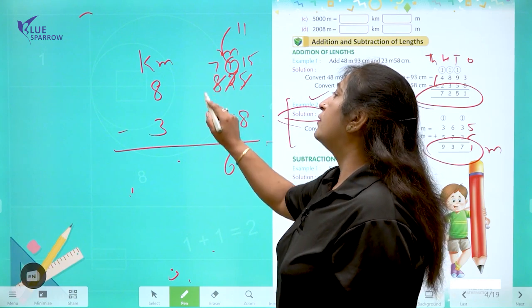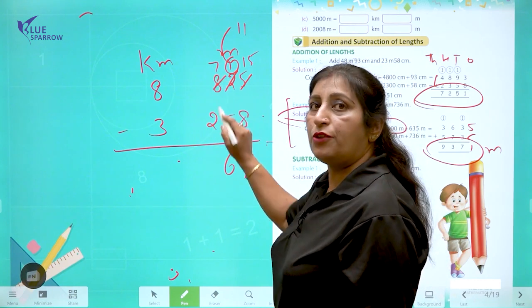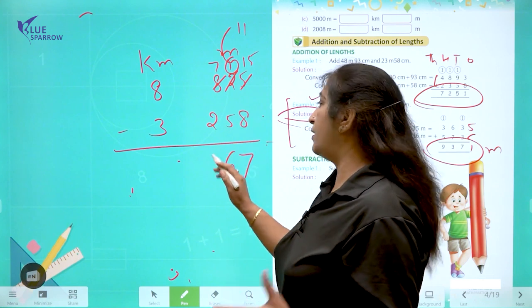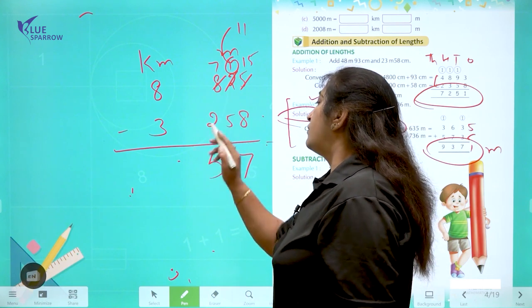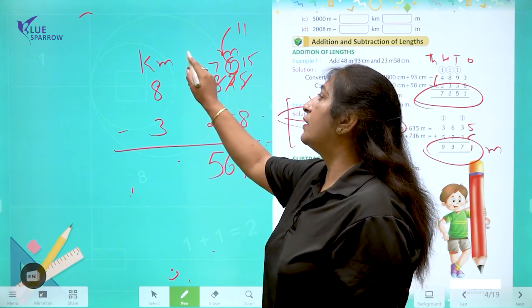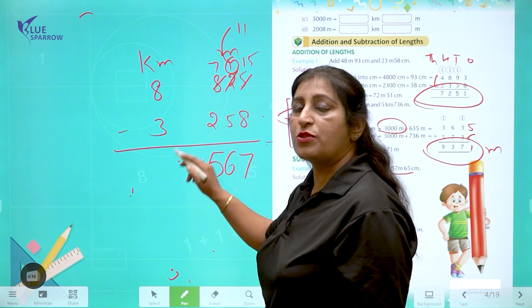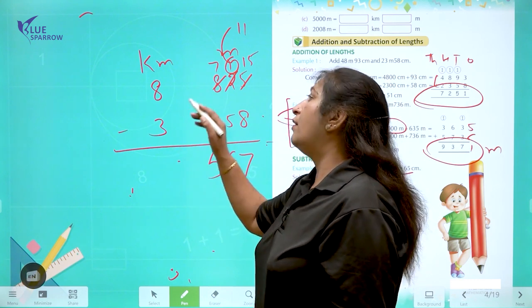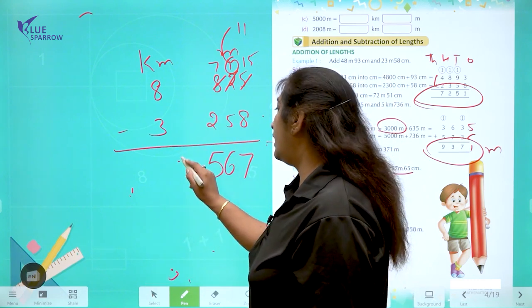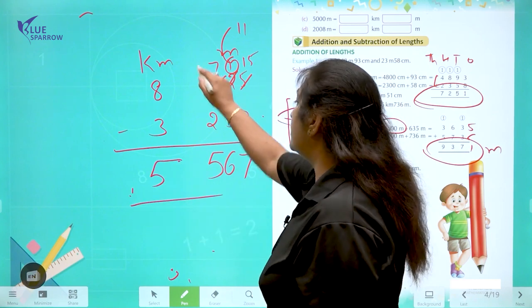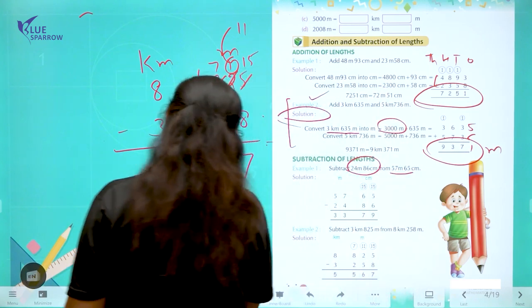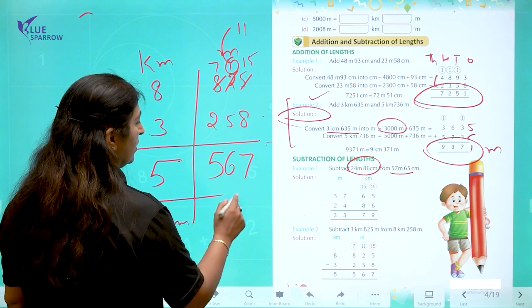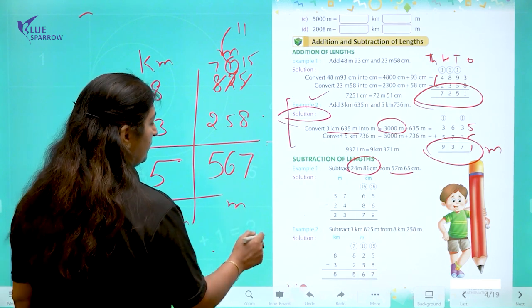Now we are left with subtraction of 7 and 2, means we have to subtract 2 from 7. This gives us 5. And in the kilometer column, we are asked to subtract 3 from 8. And when we subtract 3 from 8, it gives us 5. So our answer is 5 kilometer and 567 meter.